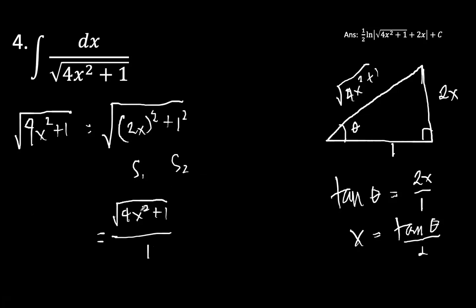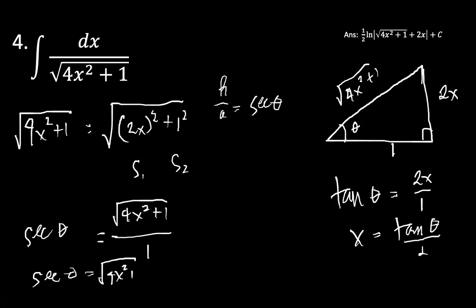What trigonometric function deals with this? Hypotenuse over adjacent. That's secant, right? Secant theta is equal to hypotenuse over adjacent. Therefore, secant theta is equal to the square root of 4x squared plus 1.